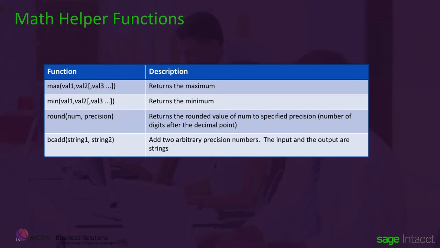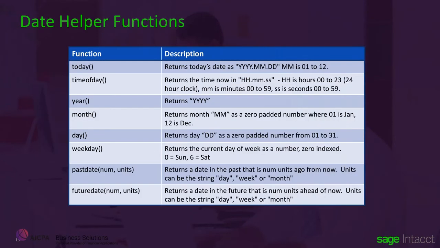Some different functions here with math helpers. There's maximum, minimums, rounds. These will help you. Date helpers, if you want to return today's date, time of day, year, month, day, weekday.